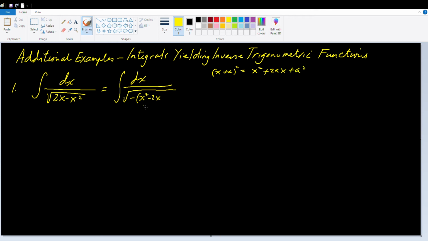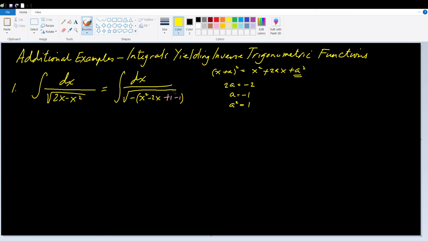So to complete x squared minus 2x as a perfect square trinomial, we add a squared. 2a is equal to the coefficient of x, which is -2, so a is -1, and consequently a squared is +1. So we shall be adding 1, and at the same time we subtract 1.